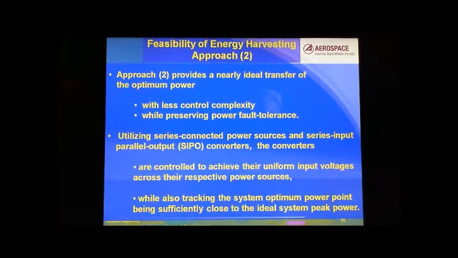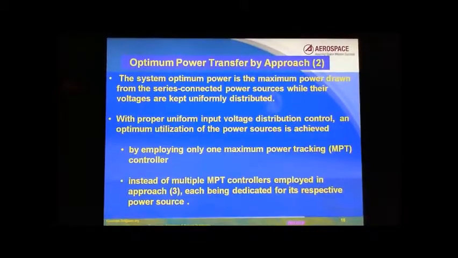These SIPO converters are controlled to achieve uniform input voltages across their respective power sources, while also tracking the system optimum power point, being sufficiently close to the ideal system peak power.